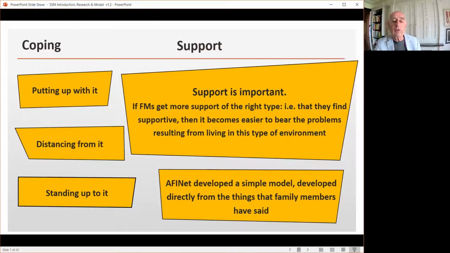So from all of these things, looking at all of the difficulties of living with somebody, the ways it makes the family member react, the ways that they deal with it, the issue of support, we developed a simple model, and it was developed directly from the things that family members have said.